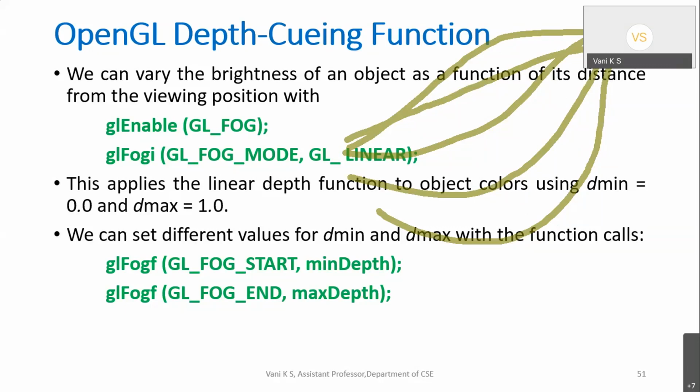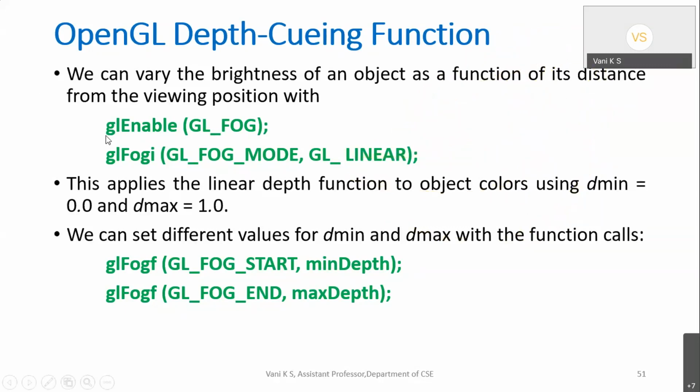If you want to construct this type of fog effect in OpenGL, it is through the function called glFog. Before that, as I told you, you have to enable that function, so it is by glEnable fog effect. The fog effect is clear, I think: some pixels with high intensity, some pixels with least intensity. That is, the farther pixels will have the least intensity and the nearby pixels will have high intensity.